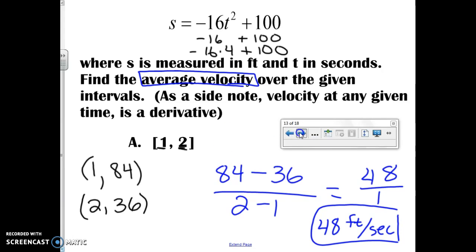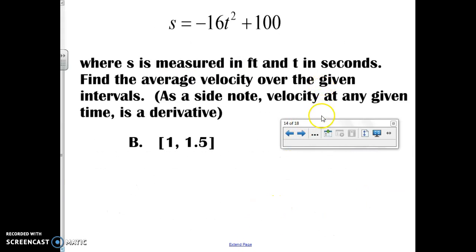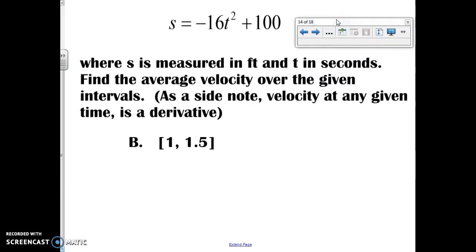So your next set of coordinates that they're going to want us to use is going to be 1 and then 1.5. And I'm not going to be able to do that in my head, so I'm pulling out a calculator here. So at 1, I already knew that. At 1, we put that in and we had our 84.